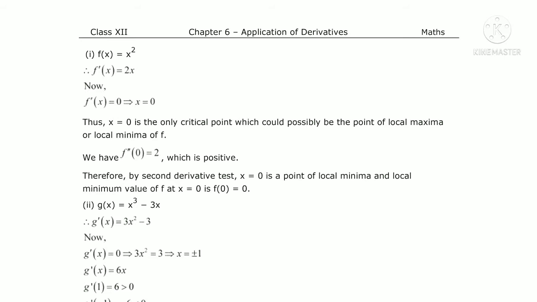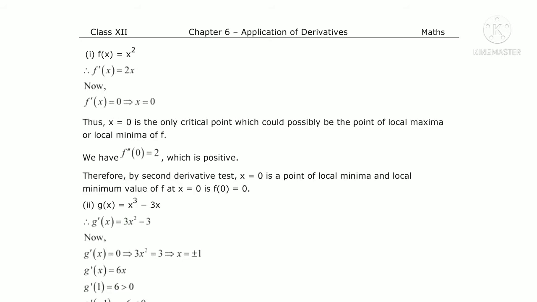Now after this, the first step is what? We have to consider f dash of x equal to 0. So in place of f dash of x we put 2x, and ultimately we get x equals 0. So x equals 0 is the critical point or stationary point.